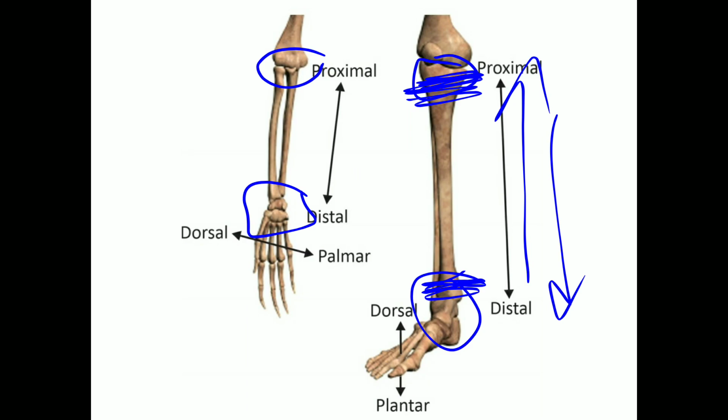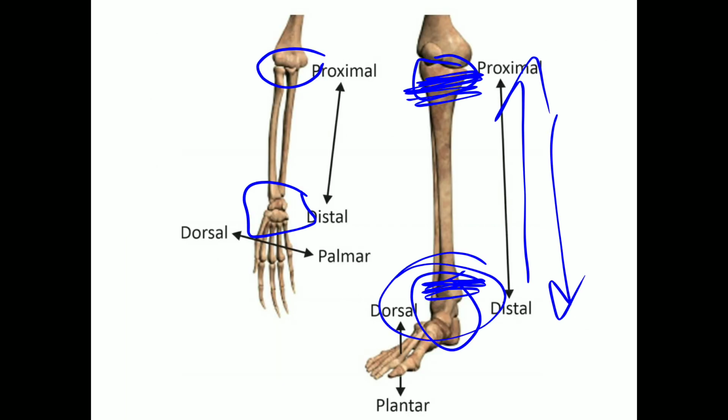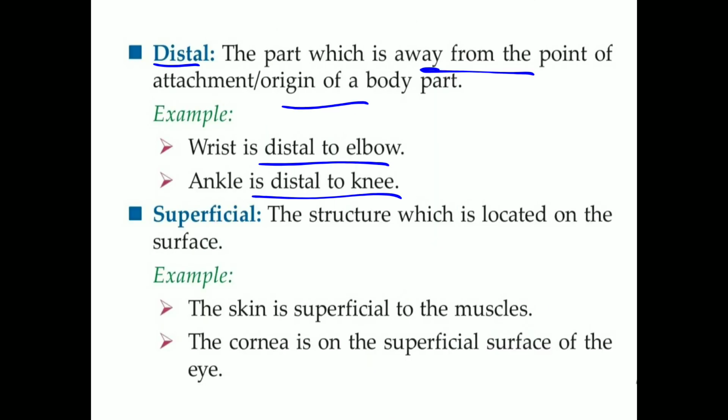It's another example. The next is distal, the part which is away from the point of attachment, the part which is away from the point of origin. Wrist is distal to elbow, and ankle is distal to knee. Then superficial, the structure which is located on the surface, nearer to the top.